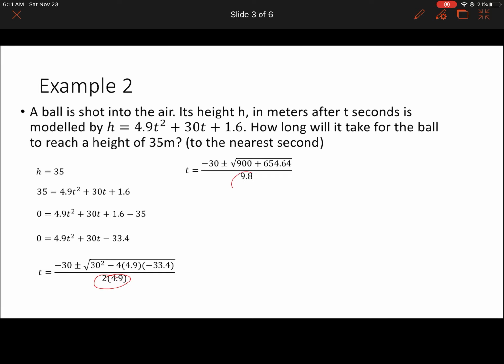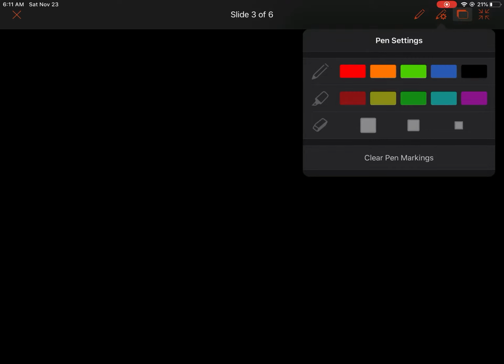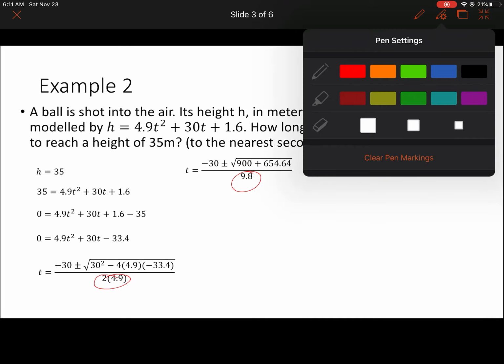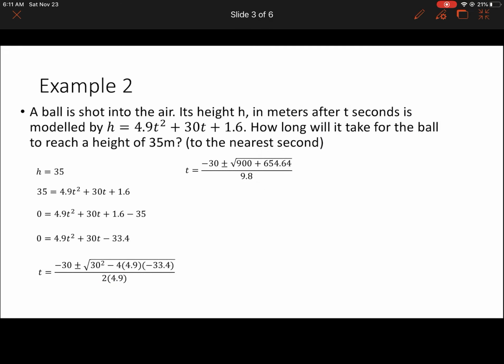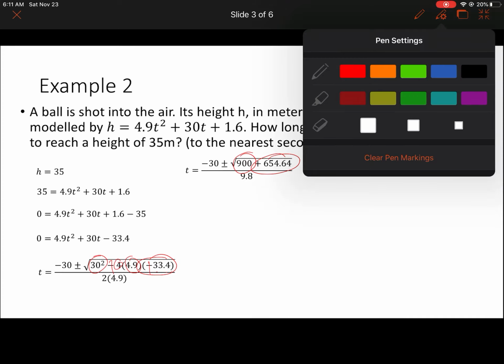And we just put it in our calculator. 2 times 4.9 is 9.8. 30 squared is 900. 4 times 4.9 times negative 33.4. Don't forget this plus. This becomes a positive value.